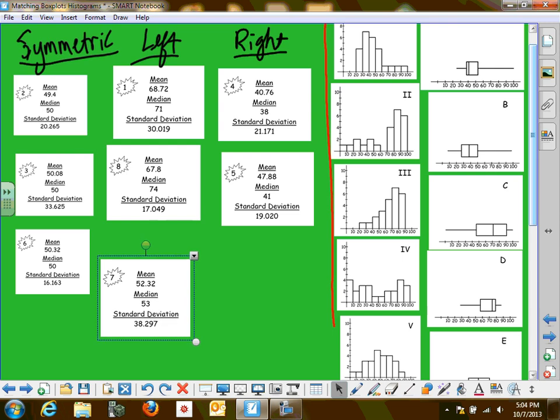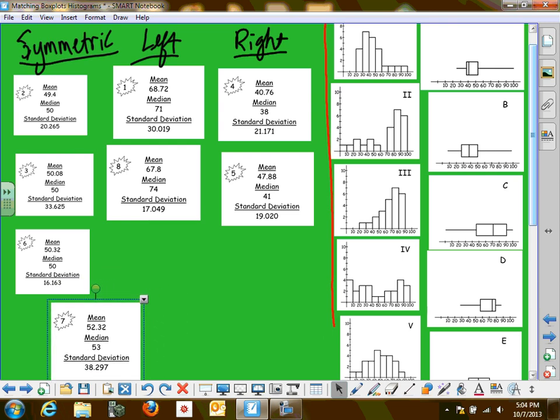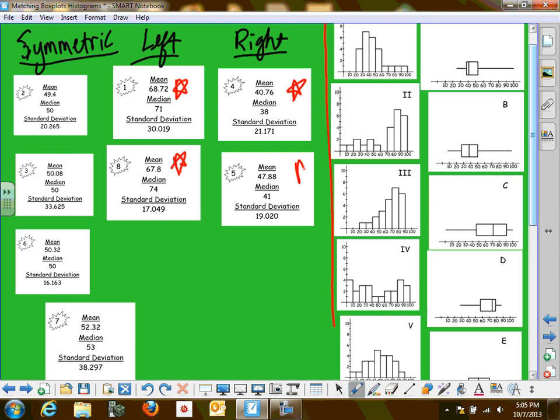So I'm not really sure if these are going to end up being on the left or on the symmetric. But I definitely have two very left skewed problems here, card number 1 and card number 8, and then two very right skewed problems, card number 4 and card number 5.